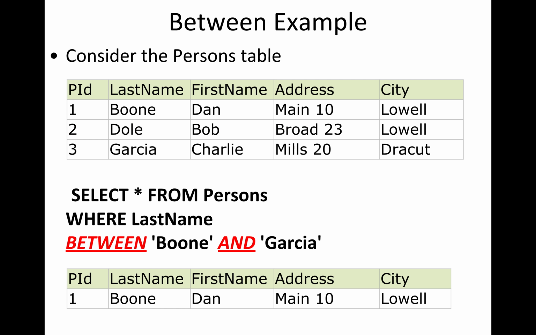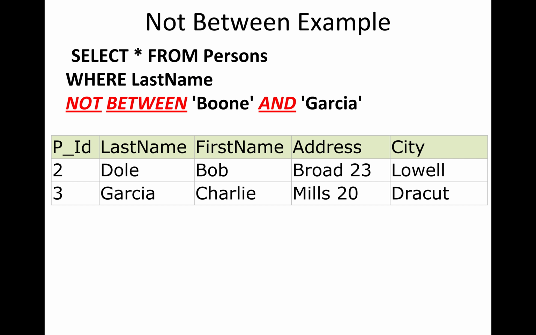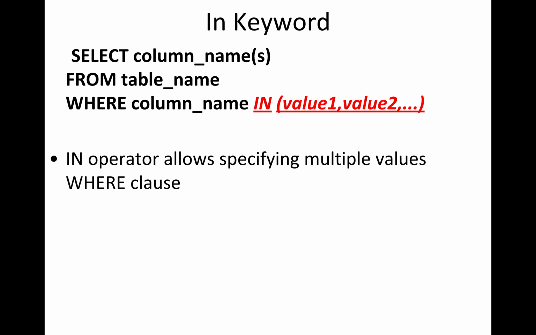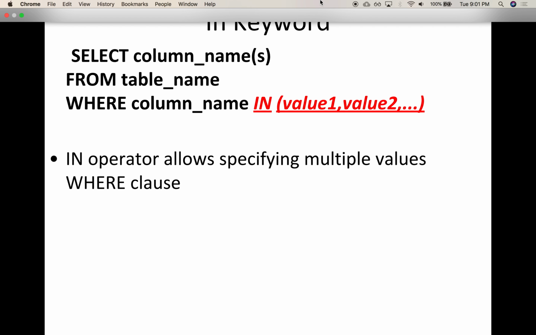So for instance here, retrieve all the records that are between Boone and Garcia, meaning that this is going to lexicographically, or alphabetically, compare the last name between two ranges. Okay. Or you can also combine it with not, so you can retrieve the fields that don't match. All right, I'm going to leave it here, and we'll come back.